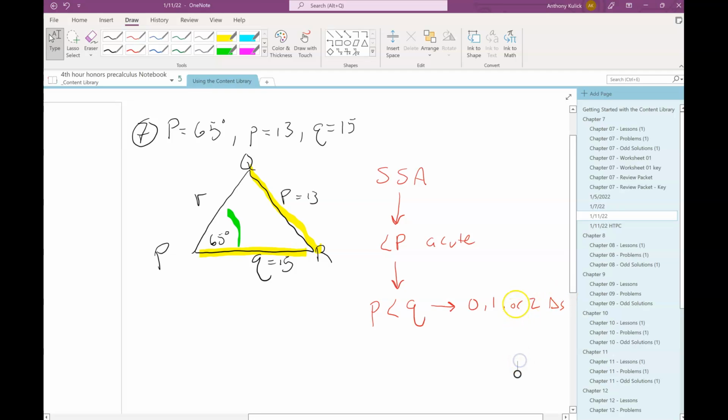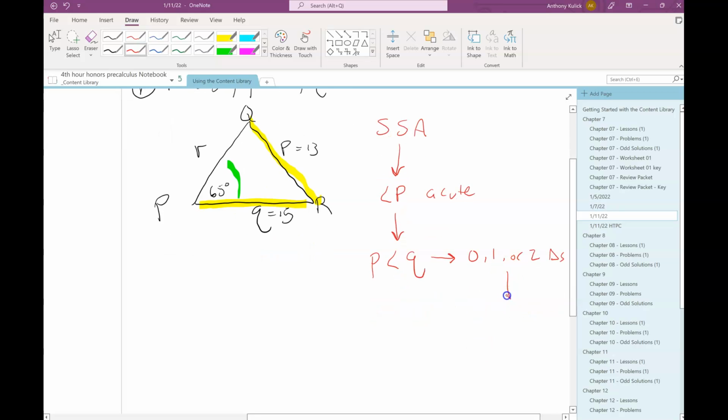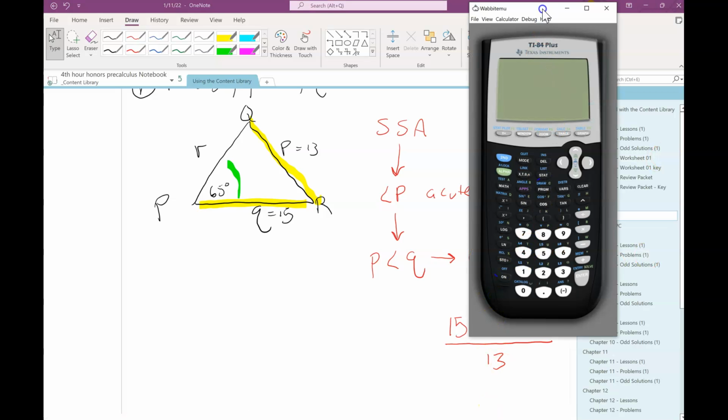So we have to do that further step to determine which one of these it's going to be, 0, 1, or 2 triangles. We take the bigger side, we multiply it by the sine of the given angle, and then divide by the smaller side. And then that number is going to tell us what's going on.